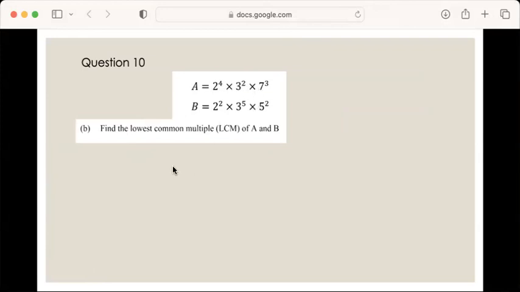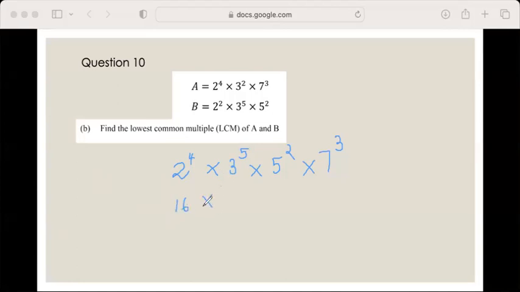So highest of 2 is 2 to the power of 4. And highest of 3 is 3 to the power of 5. Highest of 5 is 5 squared. And highest of 7 is 7 cubed. Right, so now we need to work out all of these numbers. Right, so 2 to the power of 4 is 16.